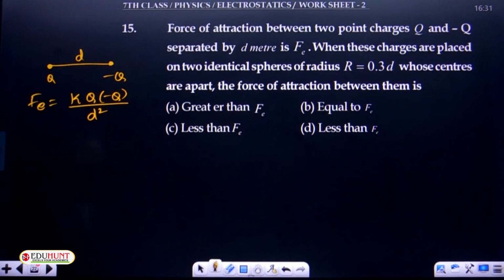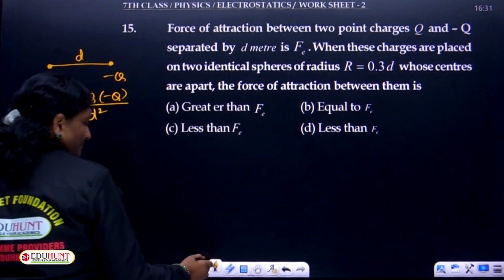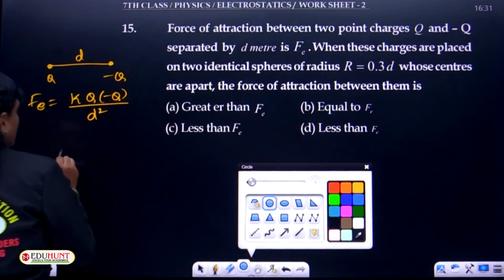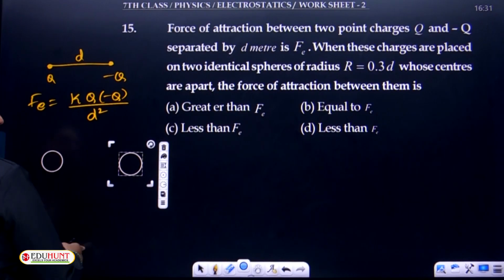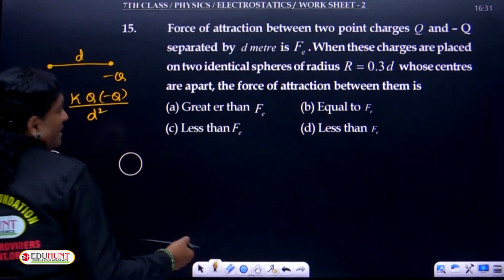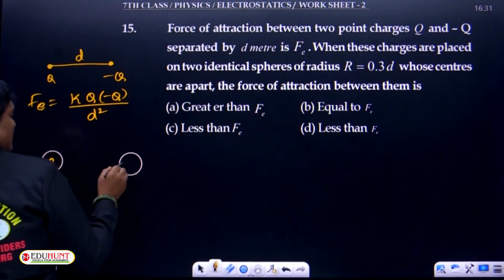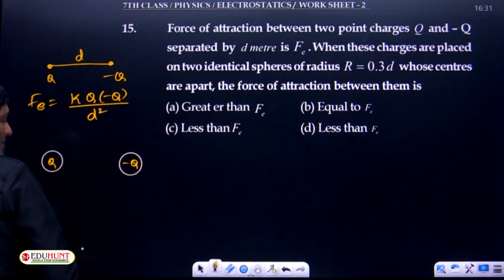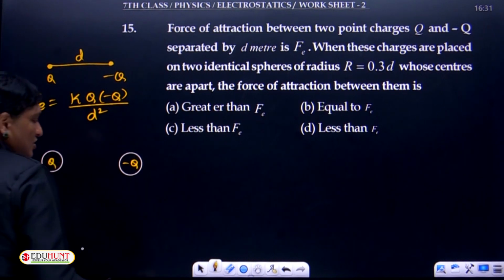When the charges are placed on two identical spheres, one sphere and a second sphere, one charge is q and the other charge is minus q. No doubt, even though they are kept at a little far away distance, because of opposite charges, they both attract each other.